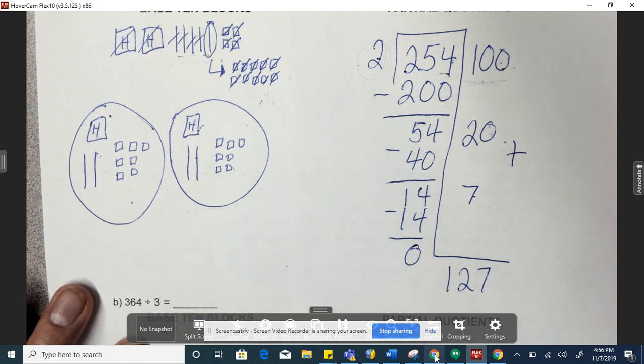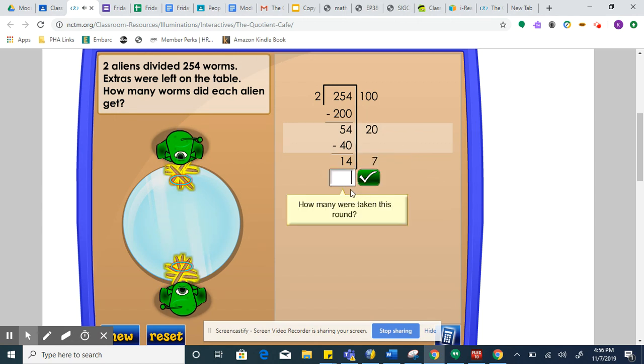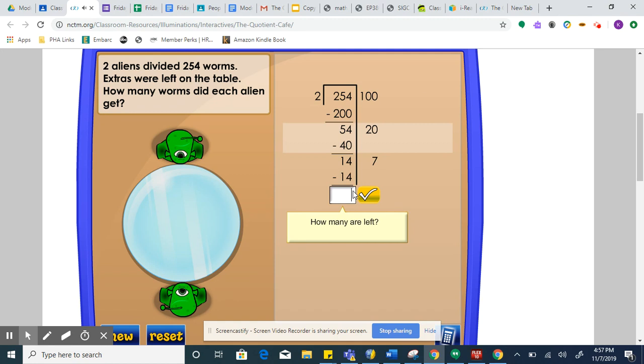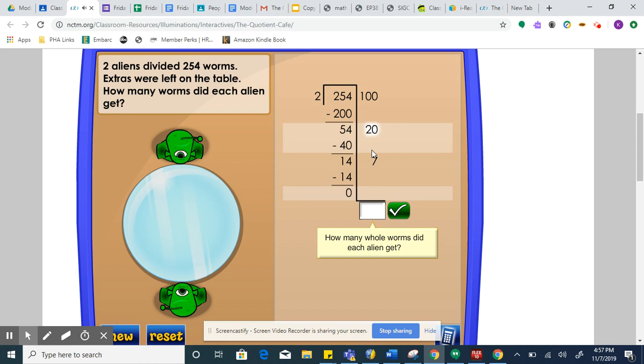Let's check using our Quotient Cafe. We're going to give each alien 7 worms. So that means that in total, they just ate 14 worms, which leads us to no worms left over. Here's where it gets a little annoying. Now that there's no worms left over, you just have to put the 0 here because we aren't distributing anymore. And now we can add 100 plus 20 plus 7 is 127.